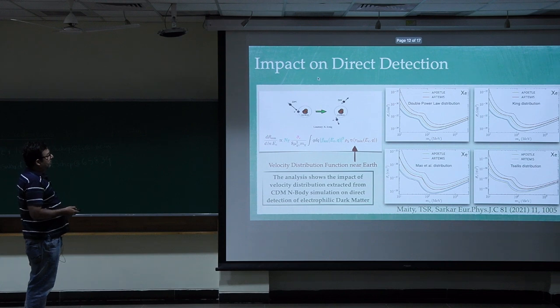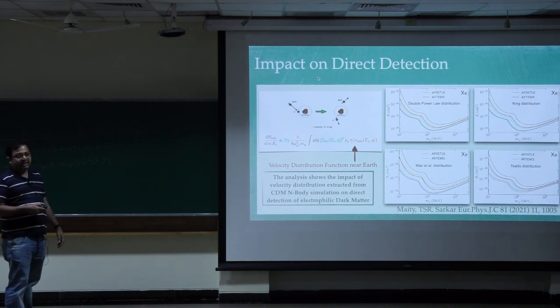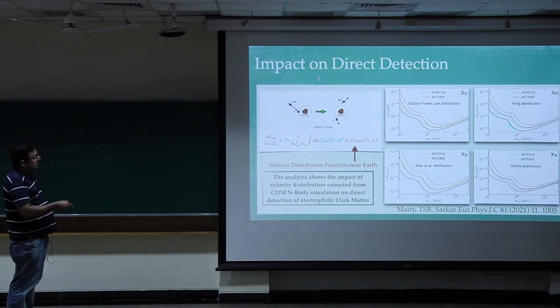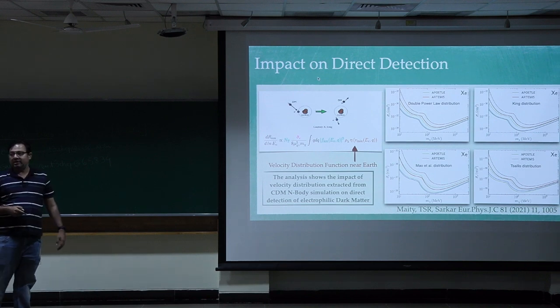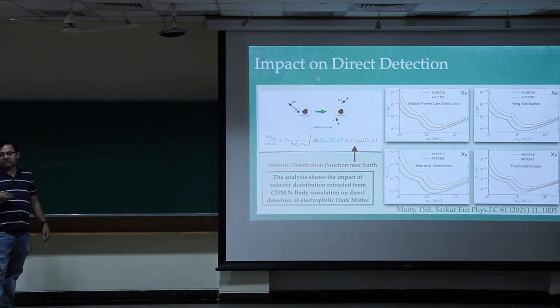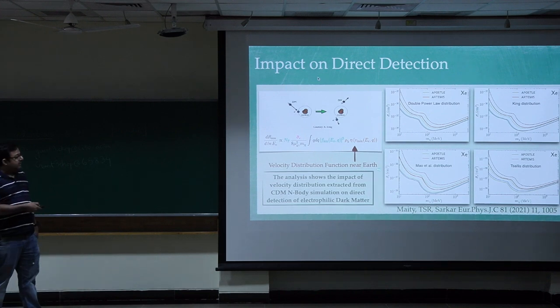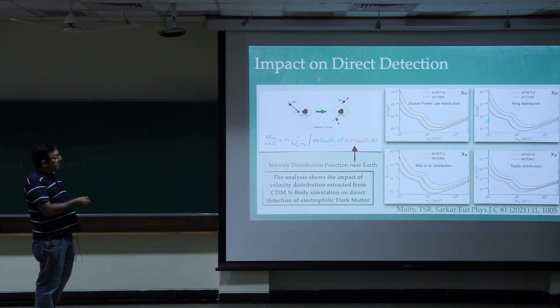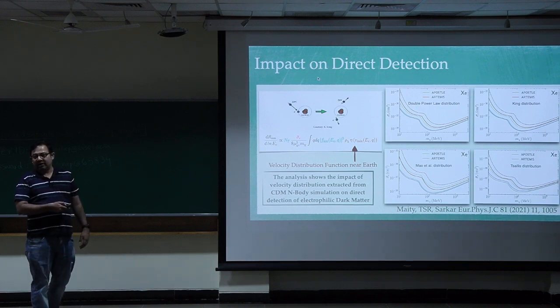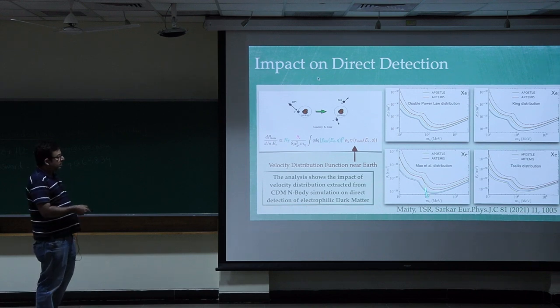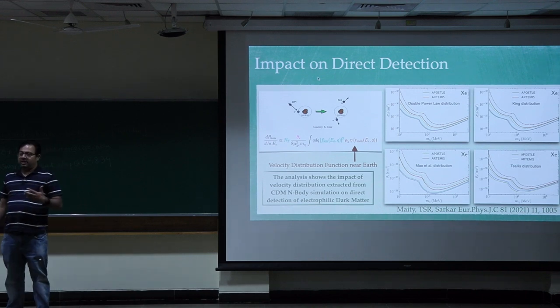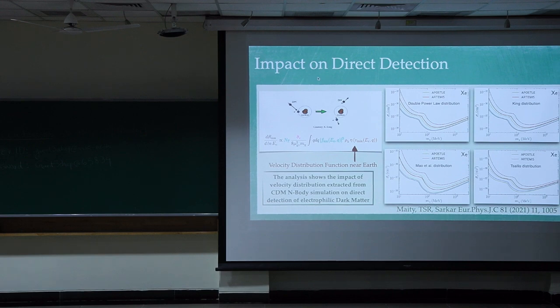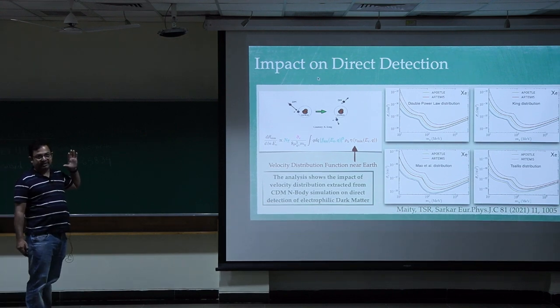And why we would be interested in them, very quickly, is that they feed into all our detection sensitivities. For example, all the limit plots that we flash for direct detection, indirect detection, or whatever, they all depend on what kind of velocity distribution function we are feeding into them, which is usually taken to be Maxwell-Boltzmann.